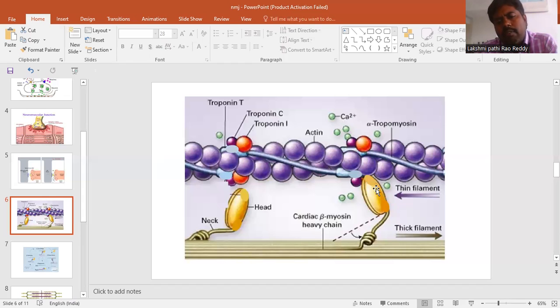Then the head of the myosin utilizes the ATP energy and binds with the active sites, and pulls the actin filaments, and causes contraction of the sarcomere. So you can see there is a binding of the head of the myosin by utilizing energy.